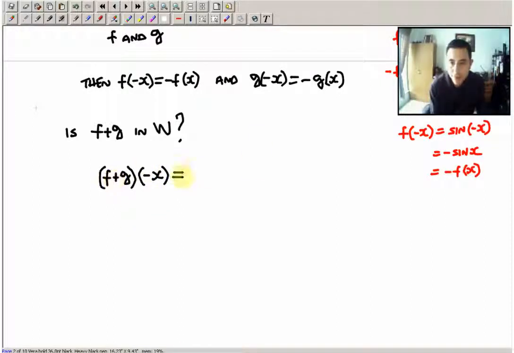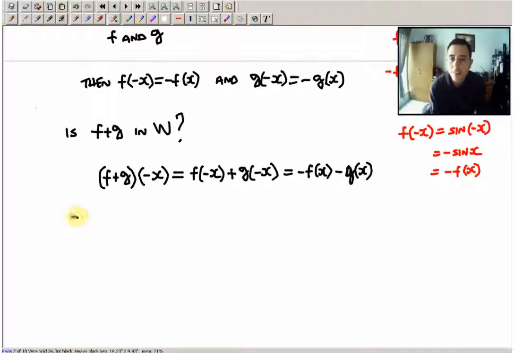Well, sum of functions, if you remember from college algebra, is just f applied to the input, negative x, plus g applied to the input, negative x. Now, f and g are odd functions, so I can pull the negative sign out from them. That gives negative f of x minus g of x.